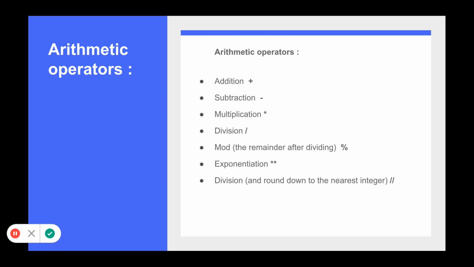In Python, addition is symbolized with a plus symbol, subtraction uses a dash symbol, multiplication an asterisk, division a forward slash.